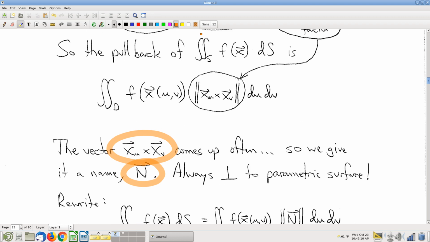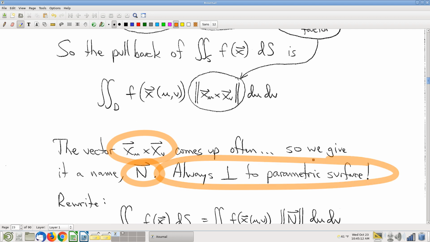That's going to end up being part of the reason why we actually care about the vector, and there are more details to discuss. I do want to say one last thing about the notation. Notice I'm using capital N. Back in chapter 12, when we were doing lines and planes, we used lowercase n. Who cares? What's the difference? Back in chapter 12, we weren't really interested in the length of the normal vector.